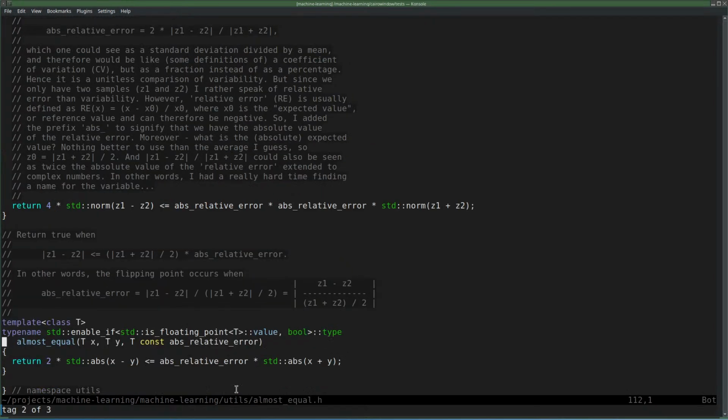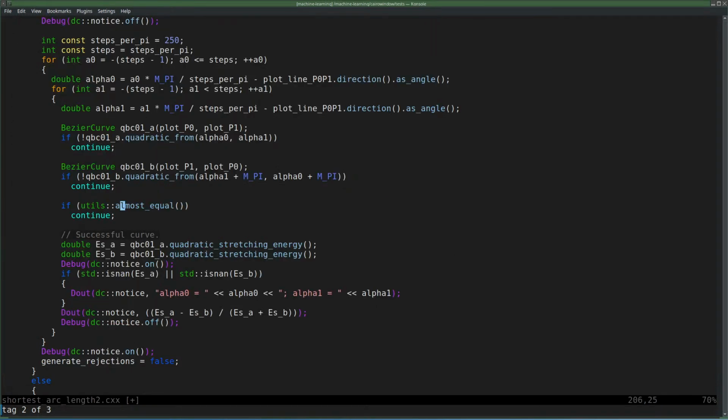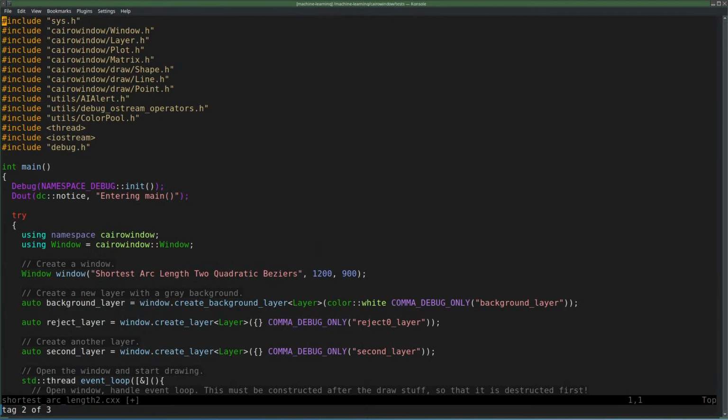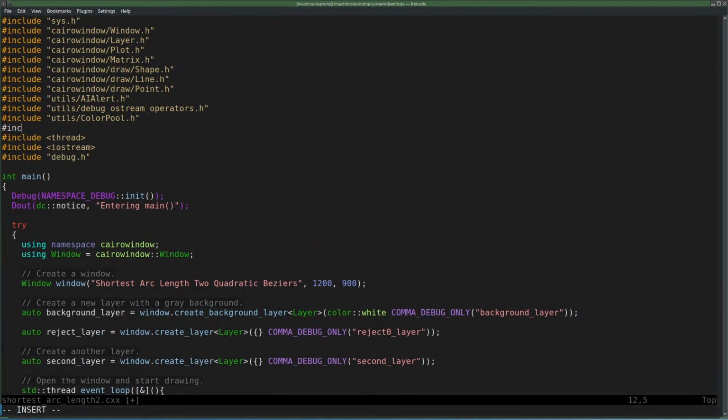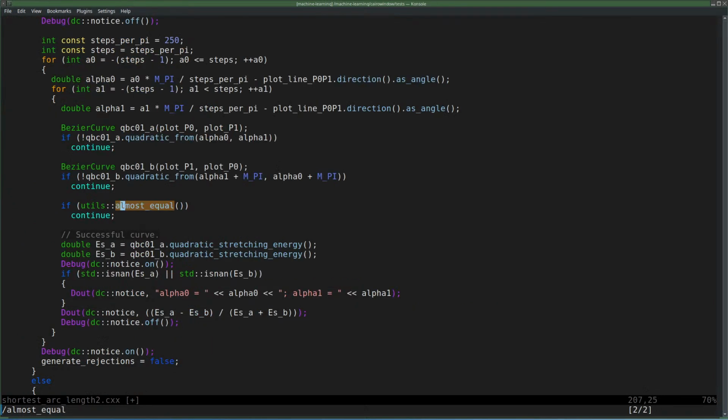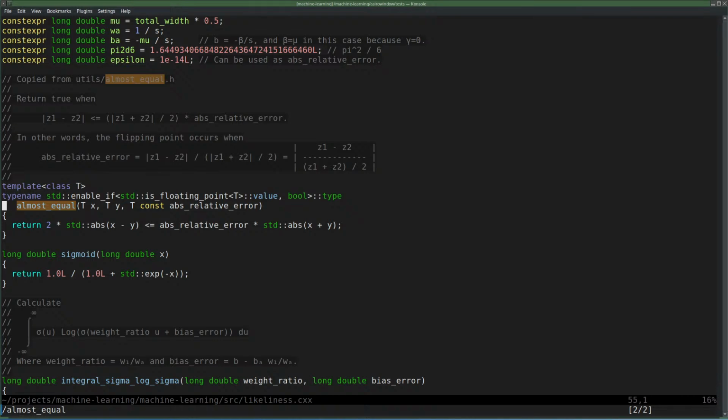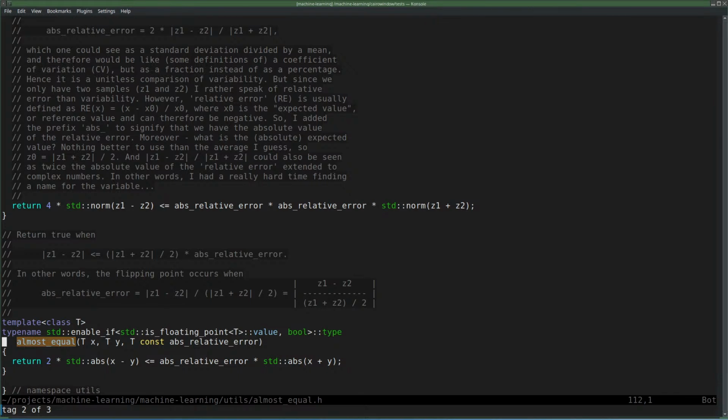No, I'm going to use utils almost equal. I don't know if I need a header, but let's add it. I mean, the header might already be included. So that would be this function.